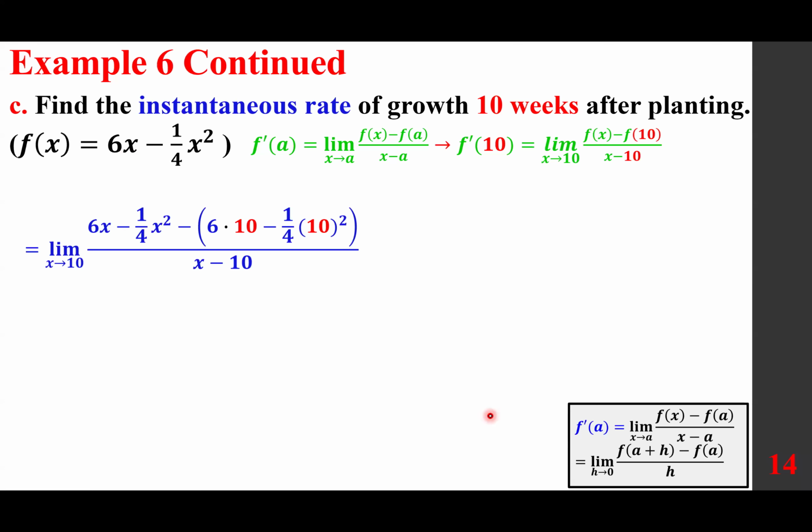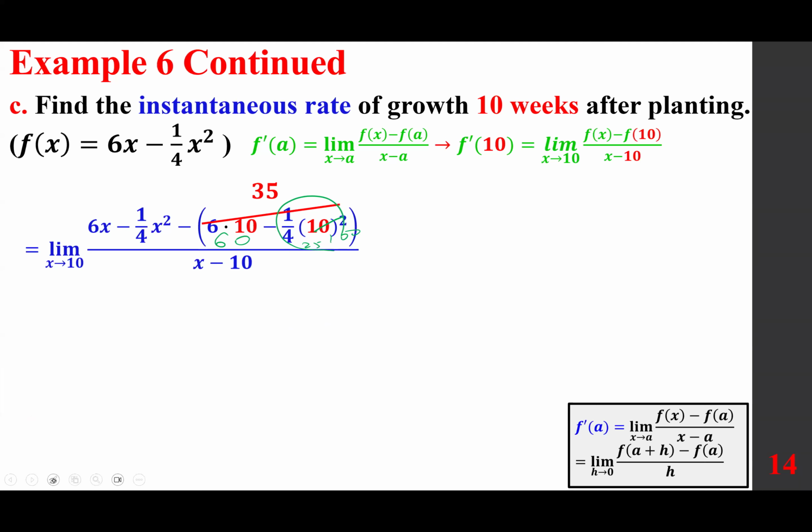That's fine as long as you remember to apply the limit and keep the limit sign before you replace the x with 10 at the end. In any event, what happens here? First of all, this is 60. This is 100, and 1/4 of it is 25. So 60 minus 25 is 35.